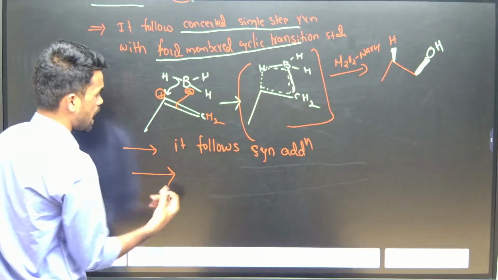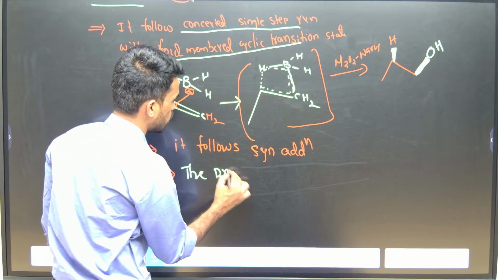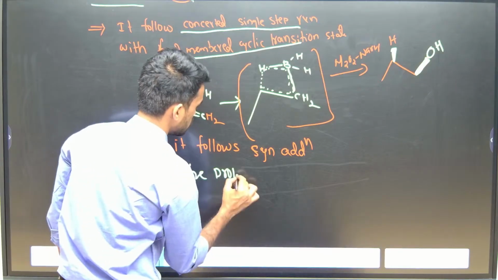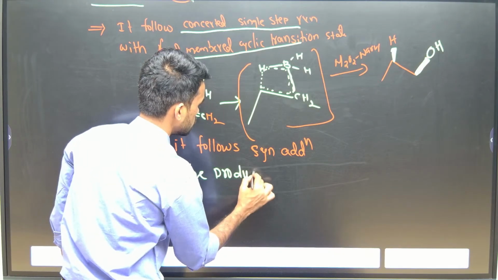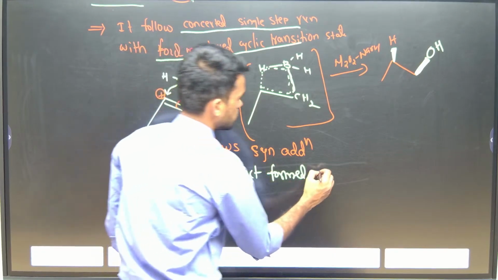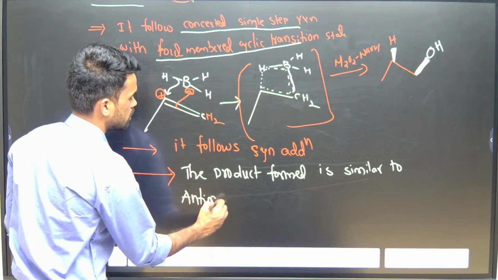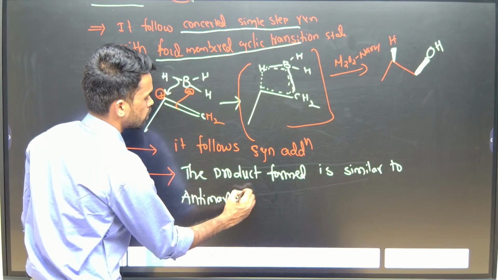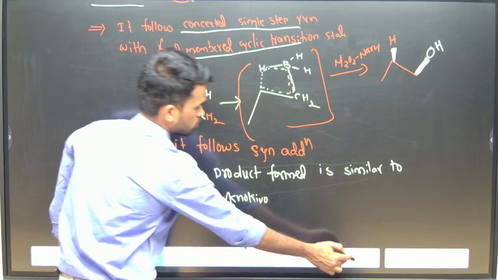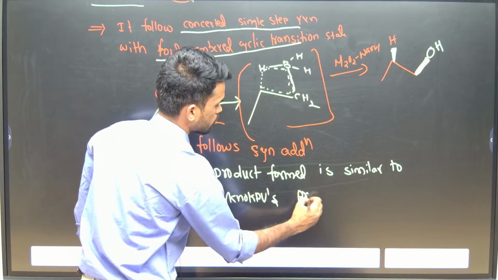It follows anti-Markovnikov: the product formed is similar to the anti-Markovnikov's product.